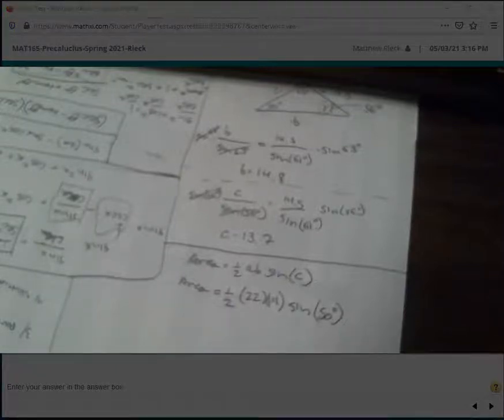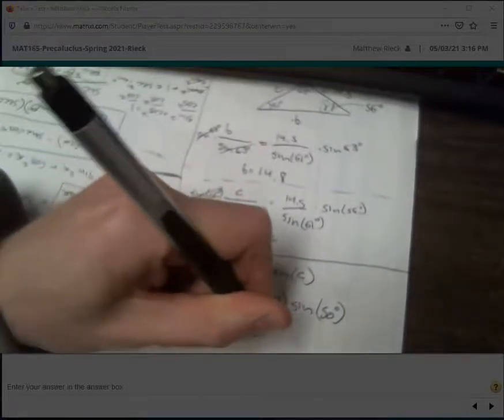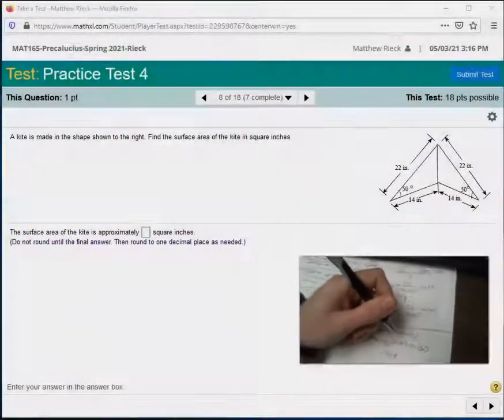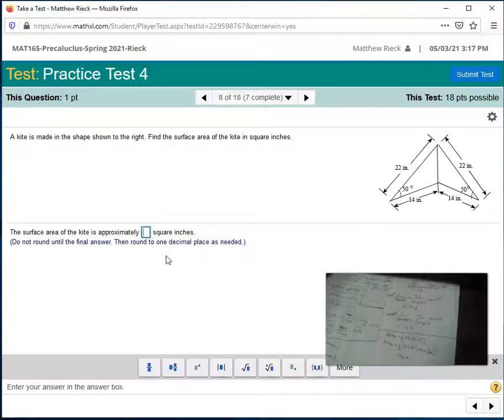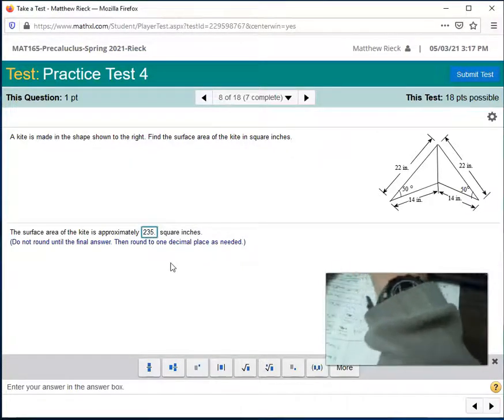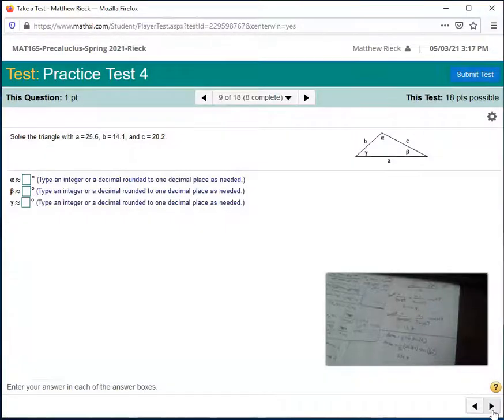So we have 22 times 14 times the sine of 50. So we end up with 235.9. So that's rounded to one decimal place. So yep, 235.9 square inches. All right.